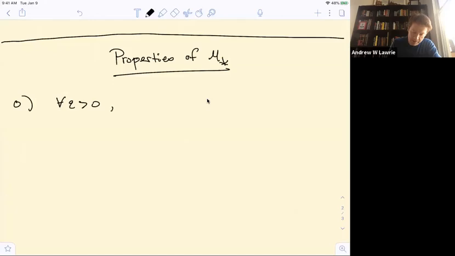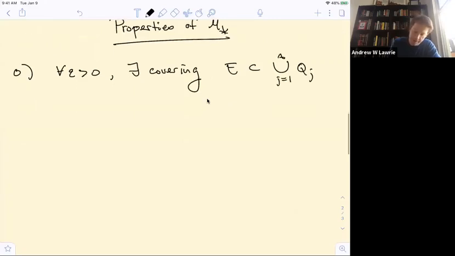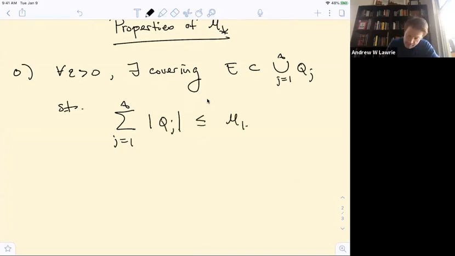For every epsilon bigger than 0, there exists a covering by closed cubes, possibly finite, such that the sum over j equals 1 to infinity of the exterior measures of the closed cubes, which are just these volumes, is less than or equal to the exterior measure of E plus epsilon.